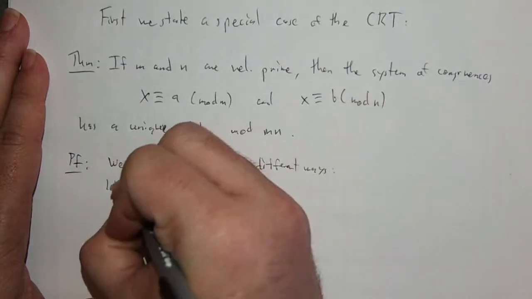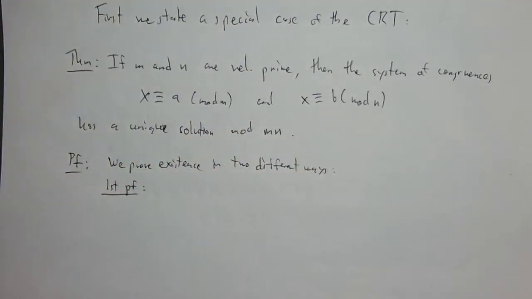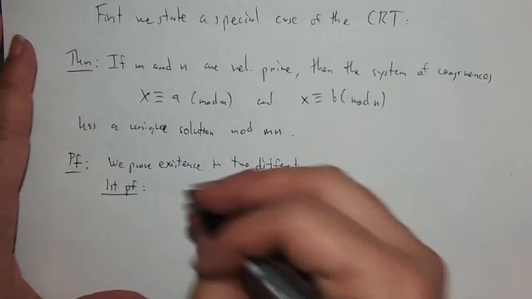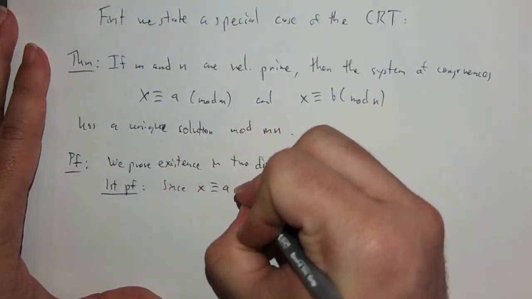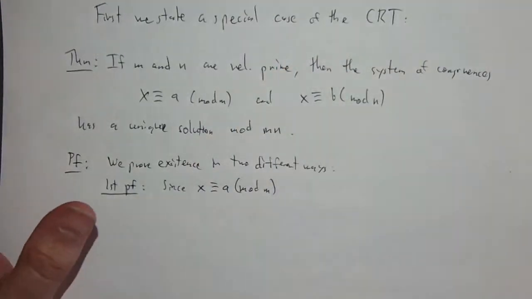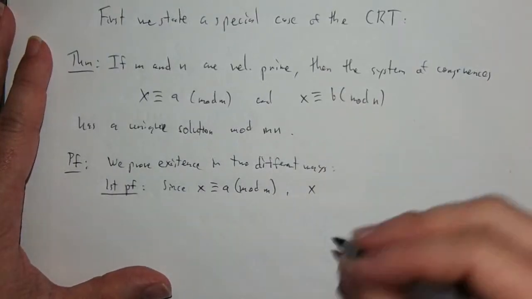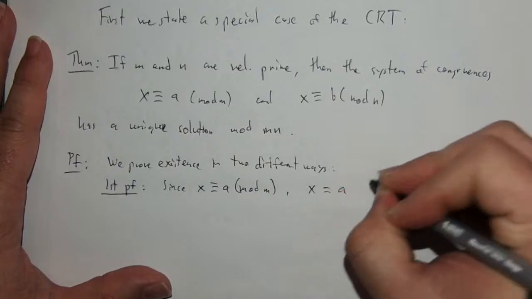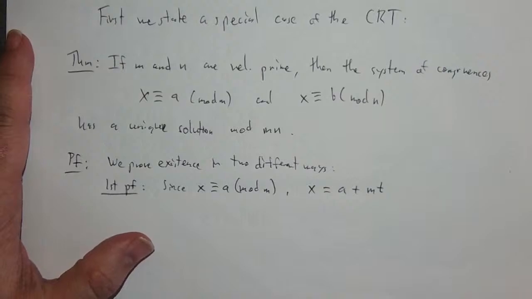So first proof. The first proof is going to be how we did the examples. Since x is congruent to a mod m by assumption, then x is equal to a plus mt for some integer t.